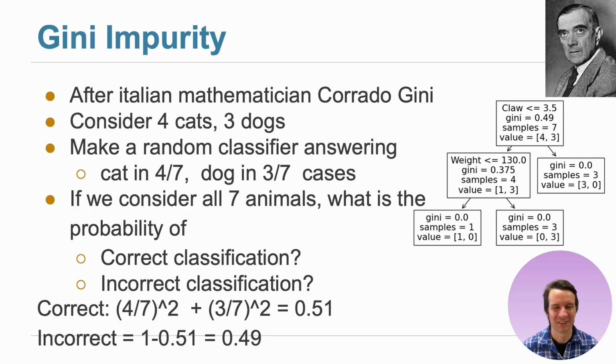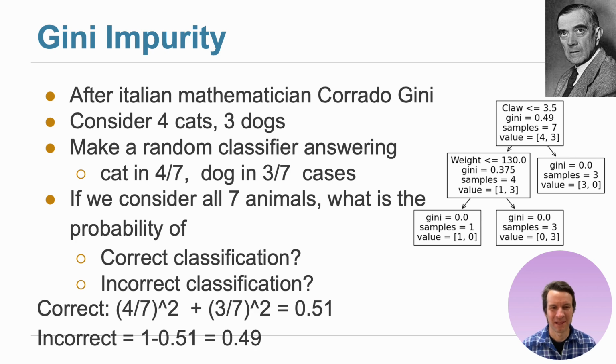So you will maybe say, oh, I have 7 samples and 4 of them are cats and 3 of them are dogs. So if you ask me what animal do I have, in 4 out of the 7 cases I answer cat, and in 3 of the 7 cases I answer a dog, right?